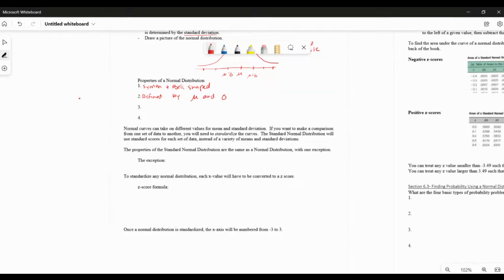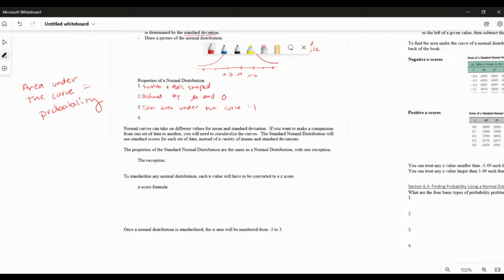All right, third one, the total area under the curve equals 1. The area under the curve will equal the probability.